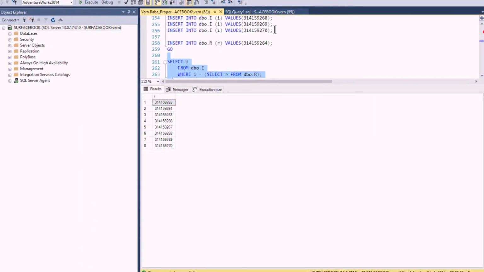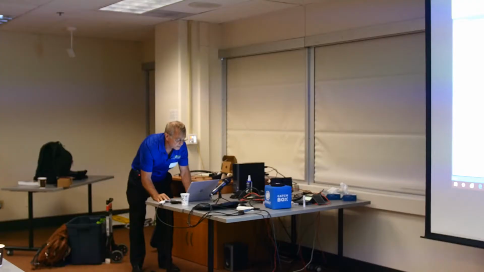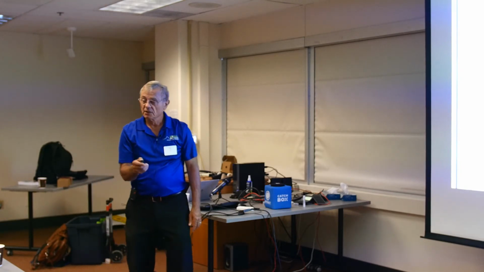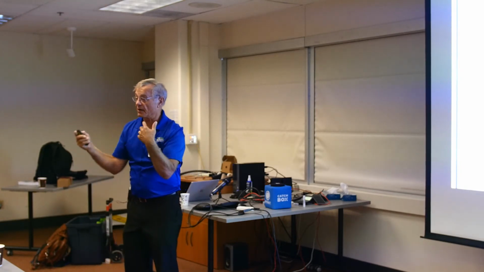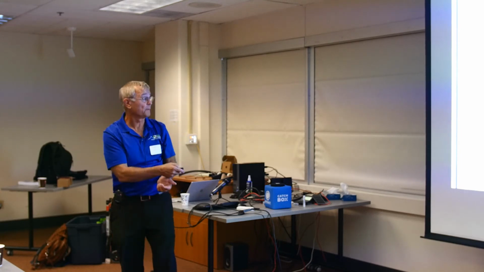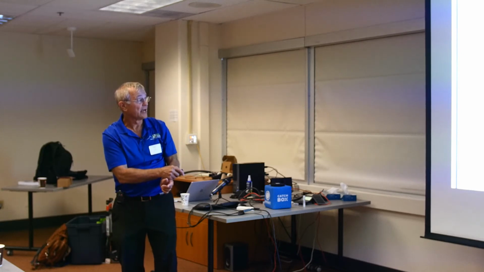Different data types. So what is happening? Well, what's happening is, again, an implicit conversion. And this is really what's happening. Remember, SQL Server can't compare two different data types. It has to convert one to the other. So it says, okay, I have a real coming out of this, and I have an integer here.